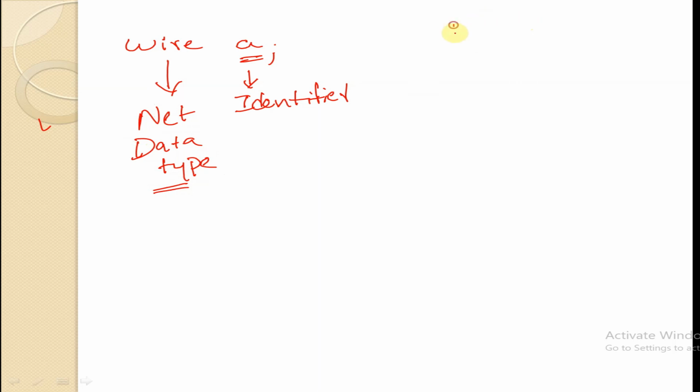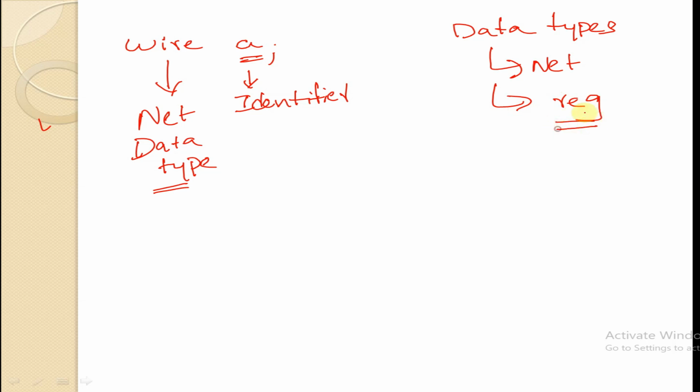Basically we have 2 data types: one is the net data type and the other is the reg data type. For representing a net data type, we use the keyword wire followed by an identifier.